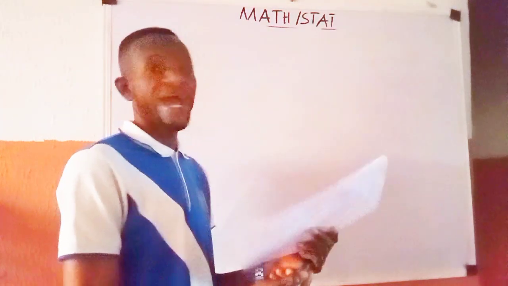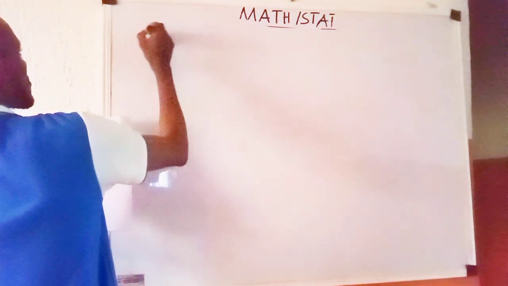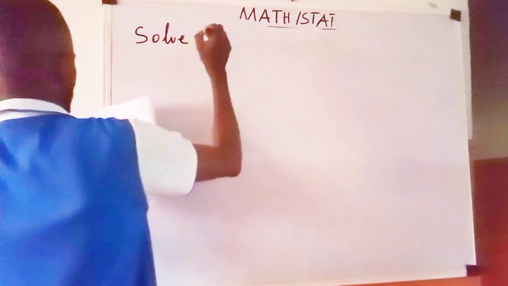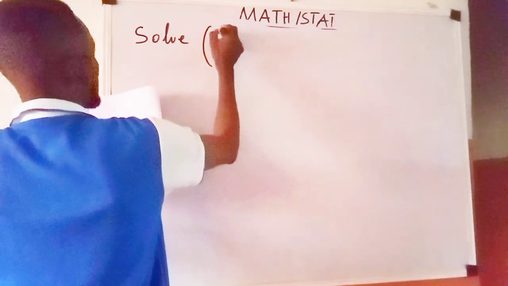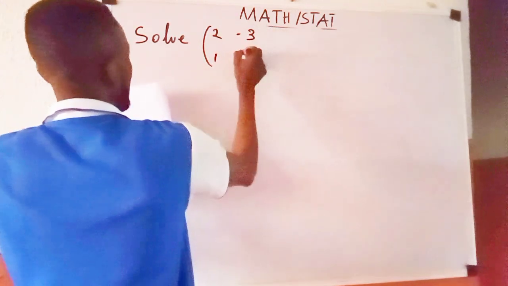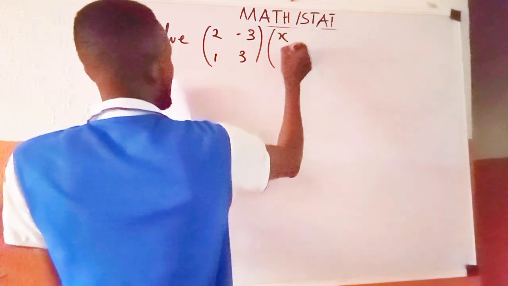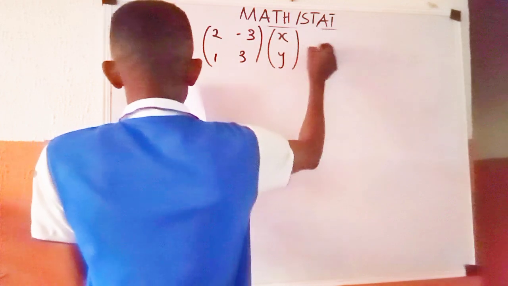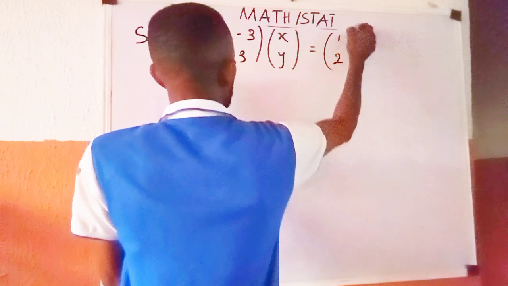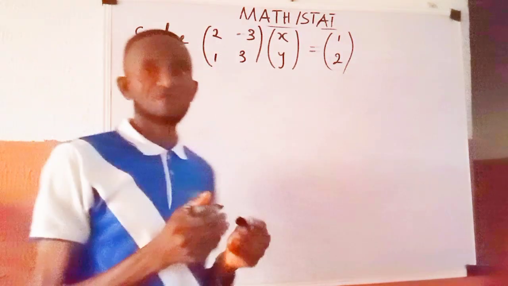The question says, solve: the matrix with 2, 1 in the first column and minus 3, 3 in the second, multiplied by the column matrix x, y, equals the column matrix 1, 2. This is the question, and you are asked to solve it.